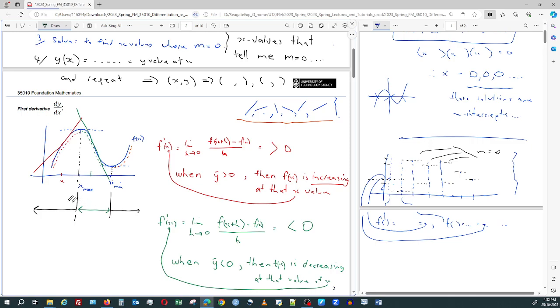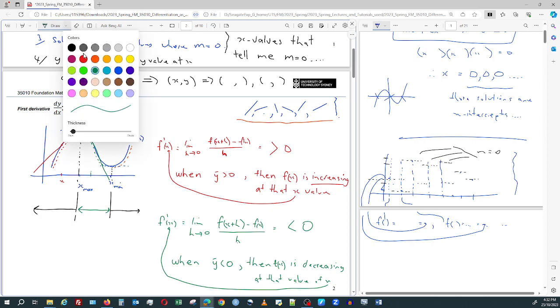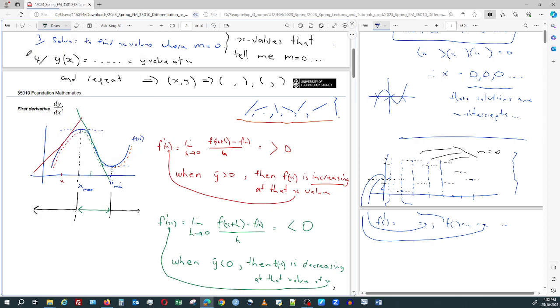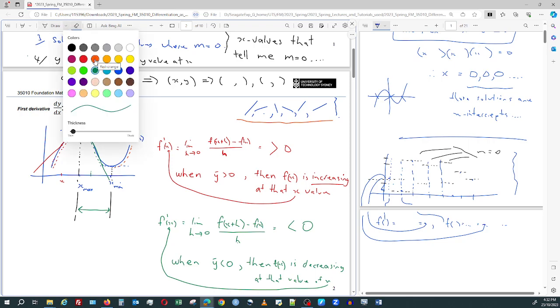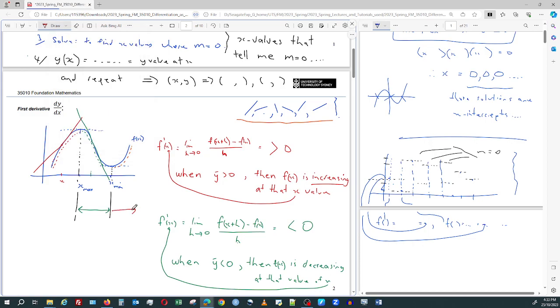So in this interval, I'll go back to the neutral colour. Actually, I might just change that to the colour red, just to match what I've been doing. So that one goes off towards x positive infinity, that goes off towards x negative infinity.